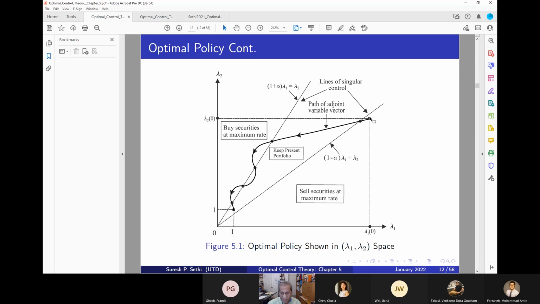And as I change over time, lambda 1 and lambda 2 will change, and we will have this path because eventually they will go to 1, 1. So this is the path of lambda 1, lambda 2, not in terms of time, but in terms of the ratio of lambda 1 and lambda 2.